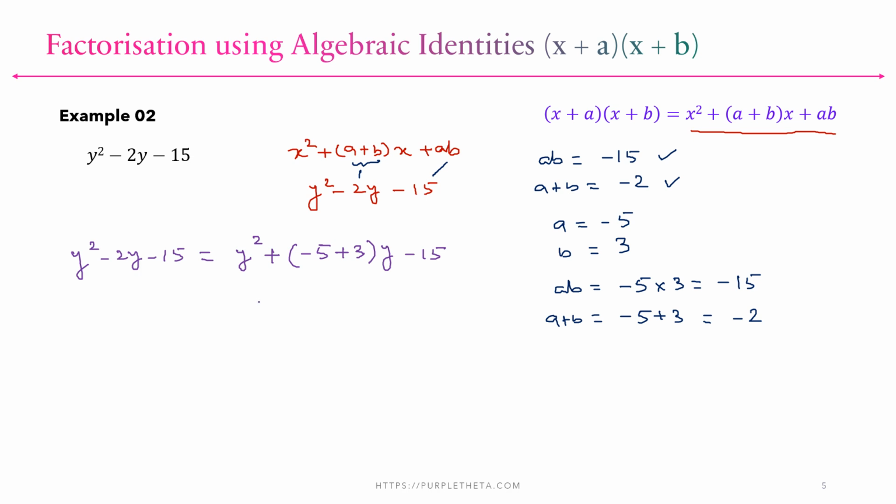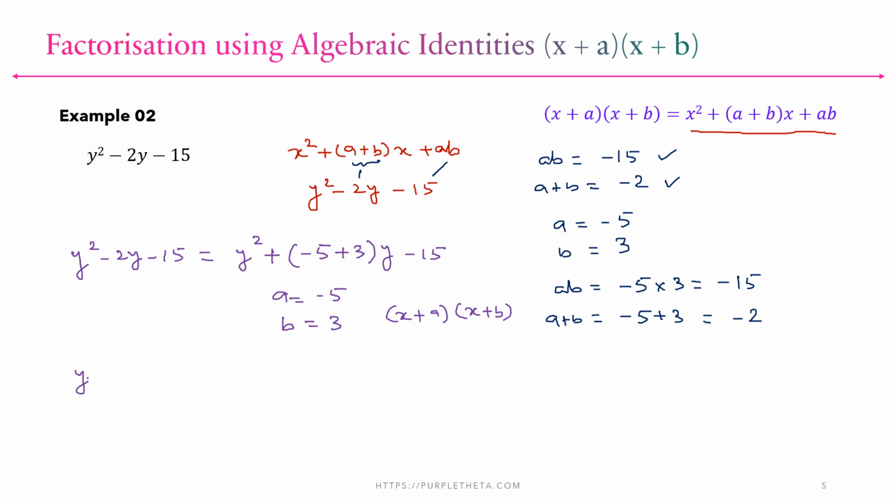Okay? In this case, a is equal to minus 5 as we have just seen, and b is equal to 3. Right? So in the factorized form, it will be x plus a multiplied by x plus b. Right? Let us replace a and b with the constants minus 5 and 3.